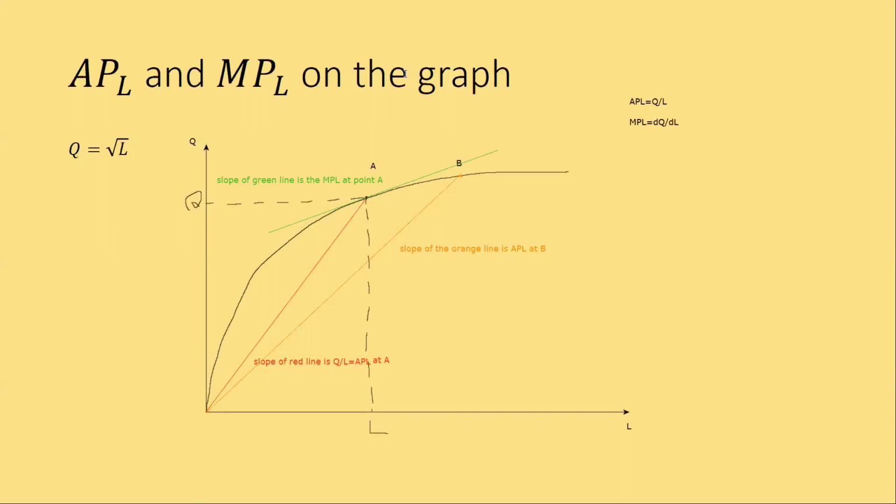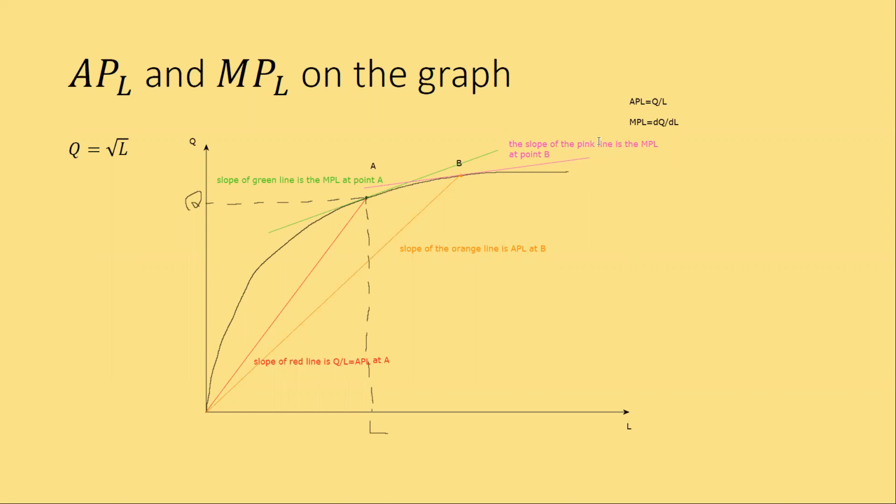This actually also holds true at point B. So at point B, let's say this pink line is tangent to our production function at point B, then the slope of the pink line is the marginal product of labor at point B. And this tangent line is also flatter than the orange line.